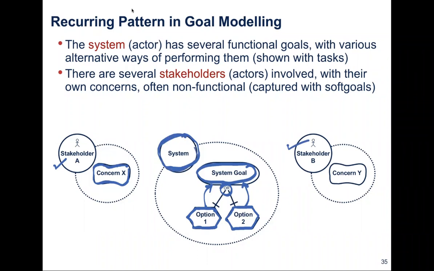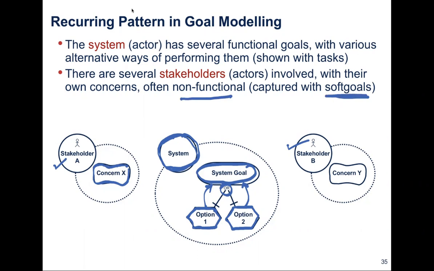Here, my actor is just a machine. And as I said before, an actor could be used to model a stakeholder, it could be used to model machines. So multiple stakeholders could have multiple goals or multiple concerns. When we call it a concern, we're referring to non-functional requirements, which are considered soft goals.